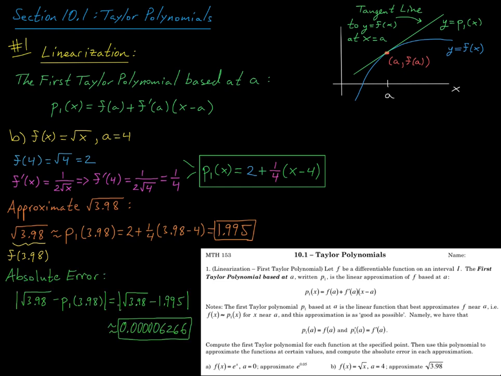If I look at the difference between the square root of 3.98 and our approximation, which is 1.995, in absolute value, wow, this is a really, really small difference. We got 1, 2, 3, 4, 5 zeros and then 6266. So we don't have to work very hard to get a rather accurate approximation to this square root value.